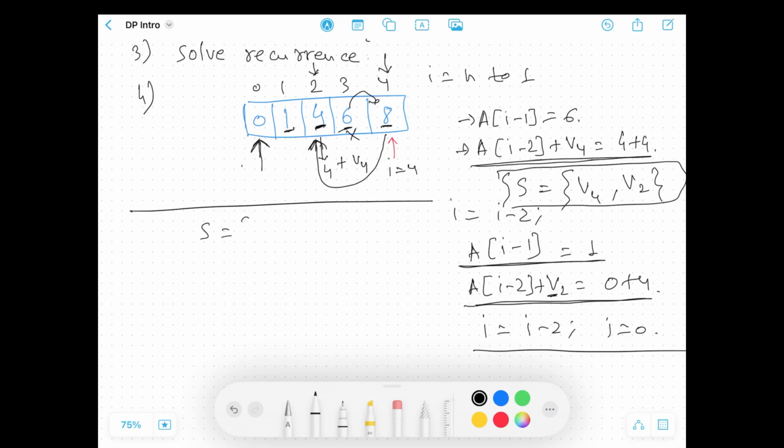How? We create a solution set which is empty. In the beginning, we do a for loop, I is equal to n to 1, and we see where the value came from.